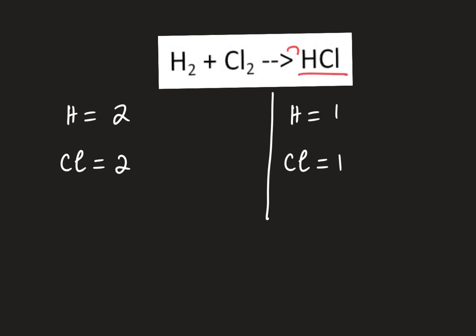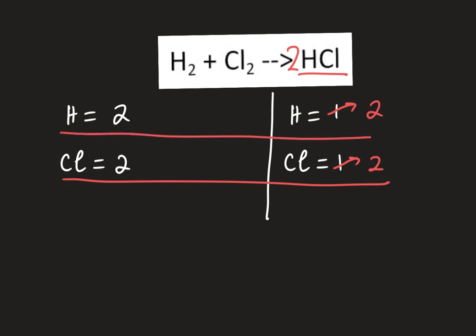If I put a 2 in front of this, I'm saying I have two HCl molecules, which means now, instead of one hydrogen atom, I have two hydrogen atoms. And instead of one chlorine atom, I now have two chlorine atoms. And because these numbers are the same, I can now say that the reaction is fully balanced.